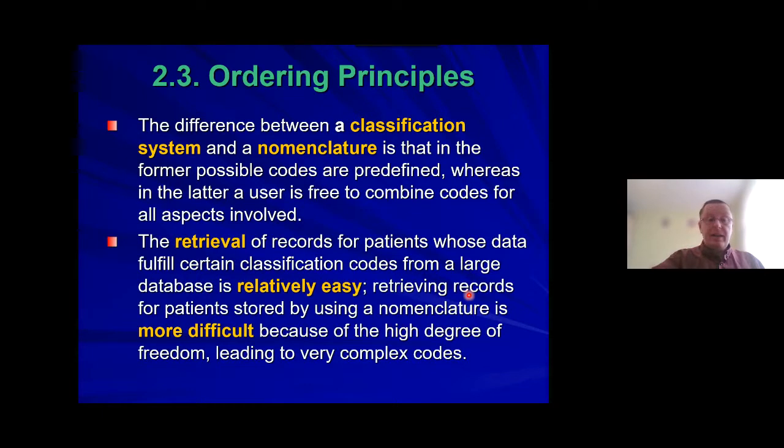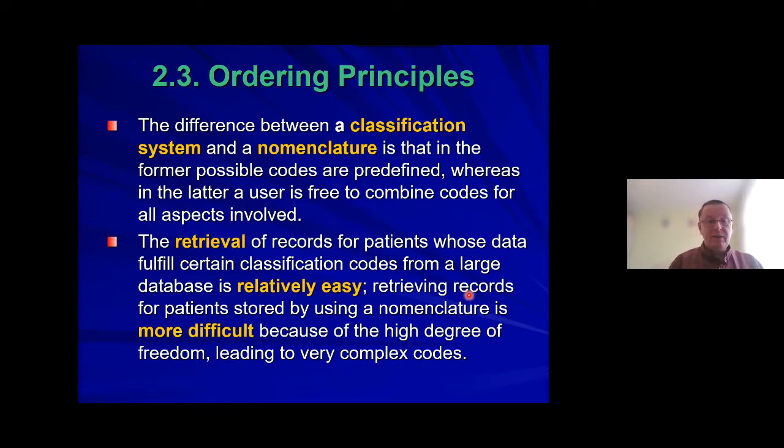And now it's time to see the difference between a classification system and a nomenclature. First, in a classification system, all possible codes are predefined, and we have explicitly presented structures and relationships between a code and a specific title.